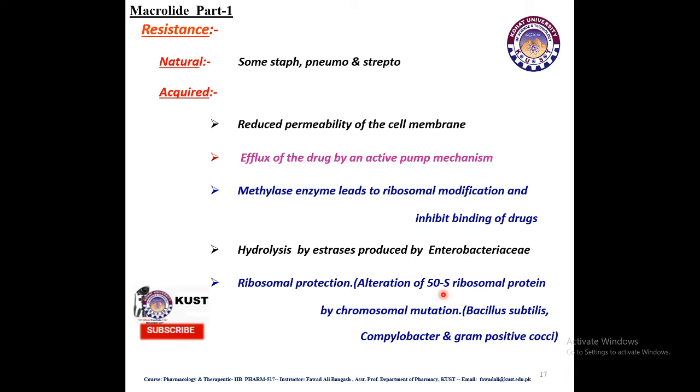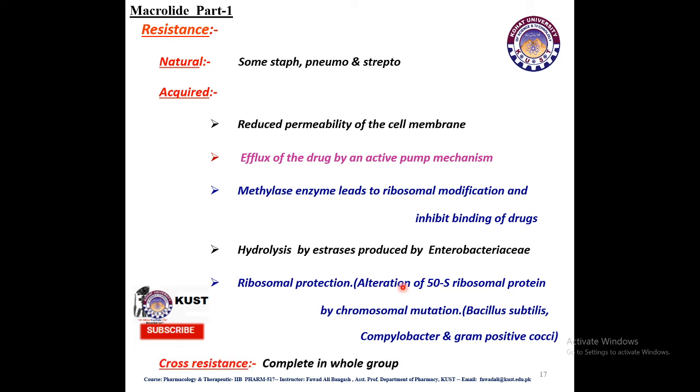There is some alteration at the 50S ribosomal subunit by chromosomal mutation, resulting in ribosomal protection. Macrolides, for example erythromycin, cannot bind if there is this alteration, because erythromycin binds with the 50S ribosomal subunit. If there is alteration in the 50S ribosomal subunit, erythromycin can't bind.